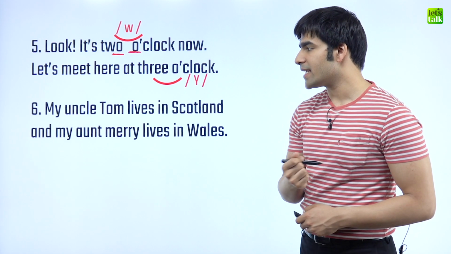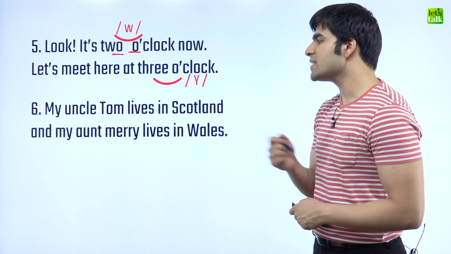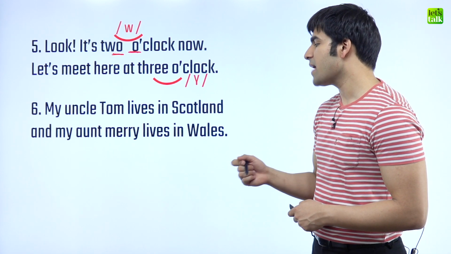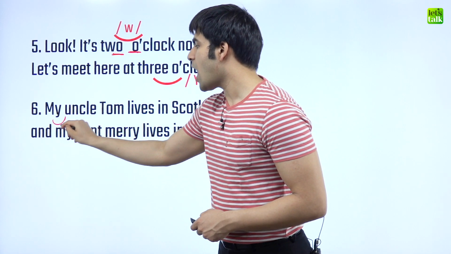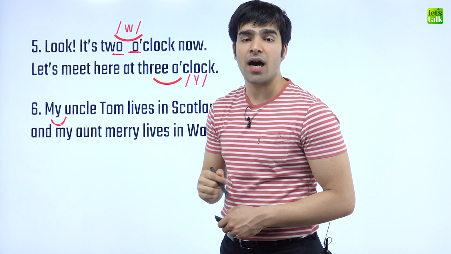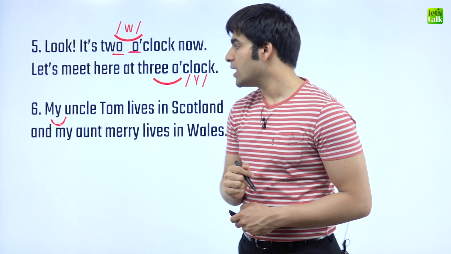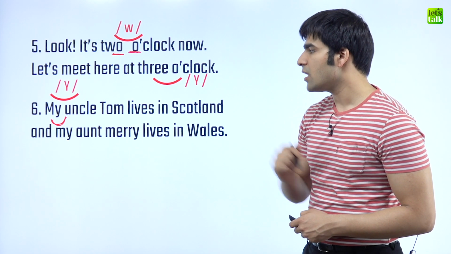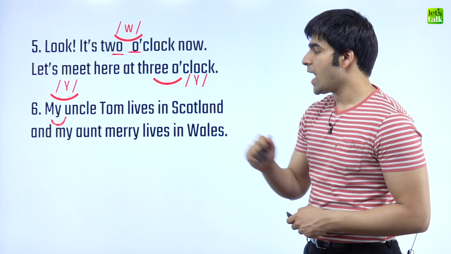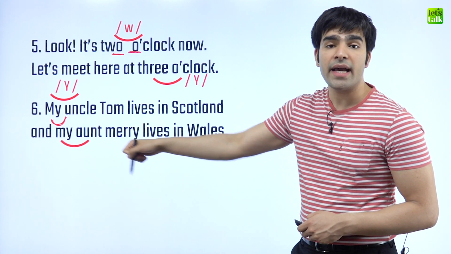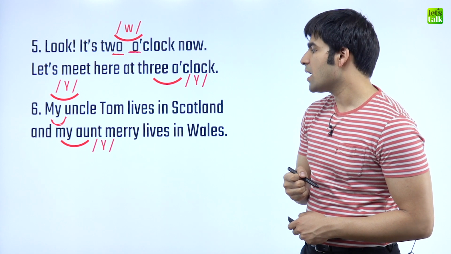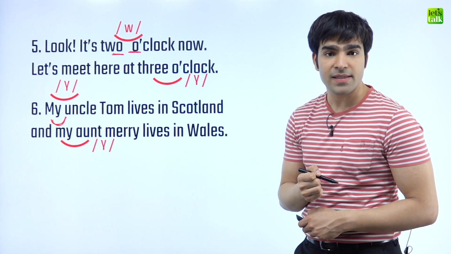The next sentence is, my Uncle Tom lives in Scotland and my Aunt Mary lives in Wales. My uncle, it becomes ya. My uncle Tom lives in Scotland and my aunt Mary lives in Wales.